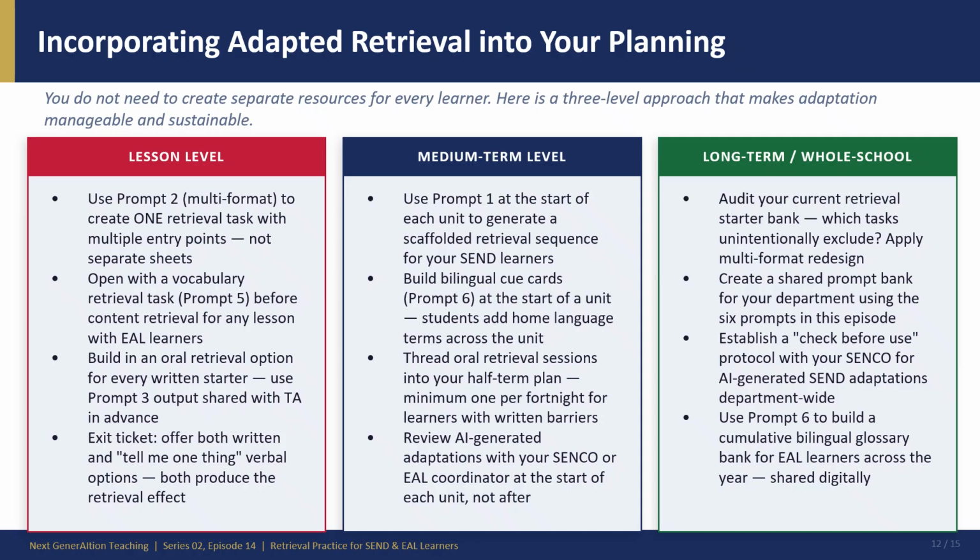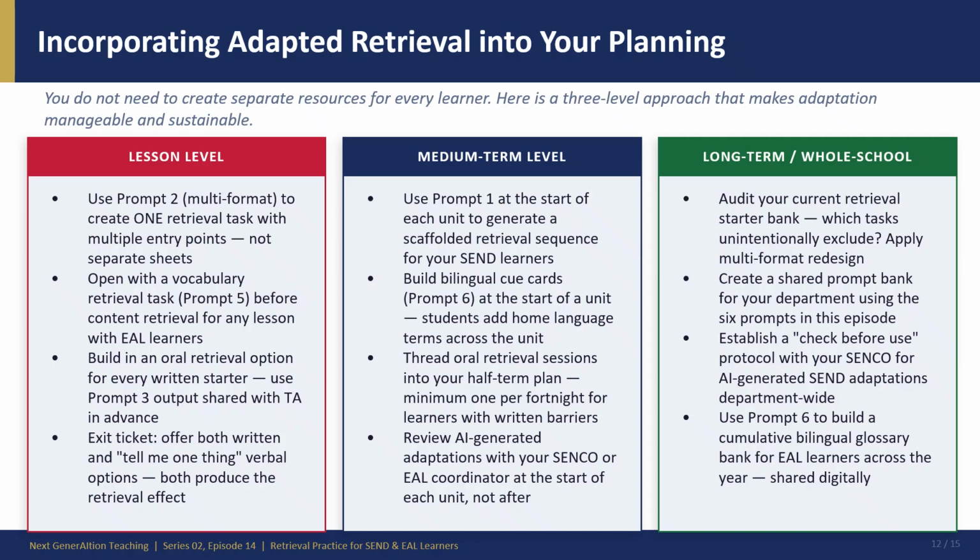Build in an oral retrieval if you can for every written starter, and brief your TA in advance using prompt 3 output. Although I know that given the timings of TA and the workload of teachers, this is not always able to happen. For EAL learners, 5 minutes of vocabulary retrieval before the content retrieval makes the content task accessible.